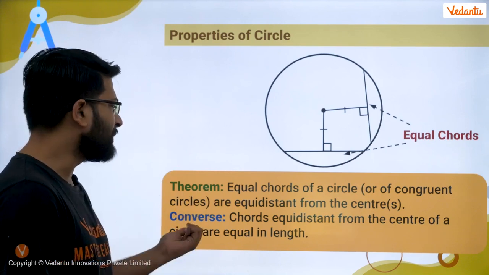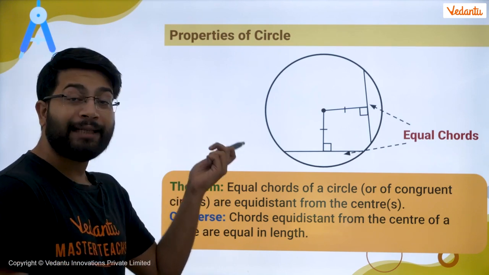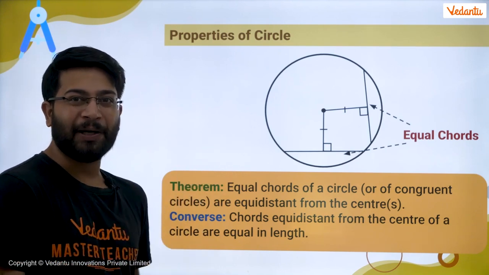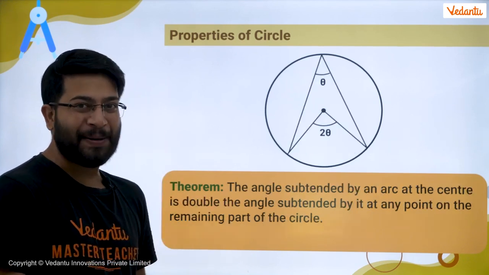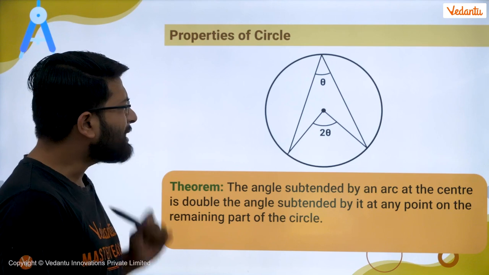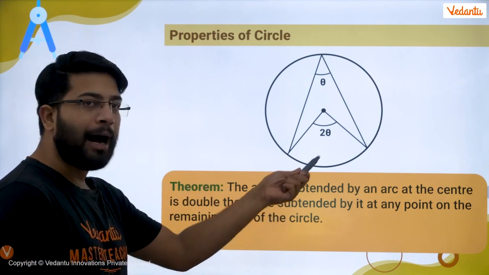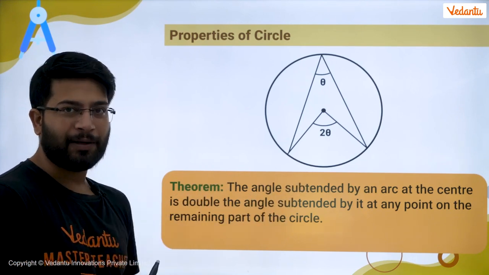And the same vice versa. If two chords are at the same distance from the center, then the length of both the chords will also be equal.